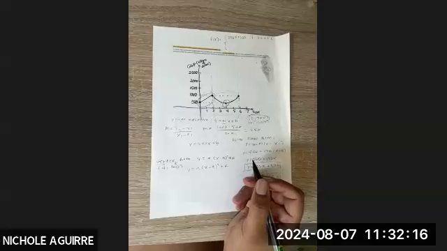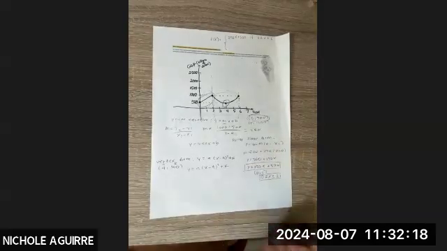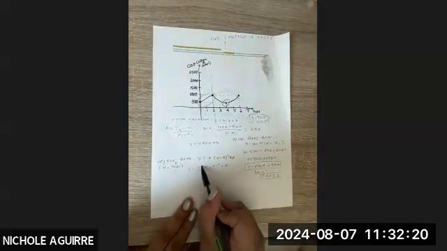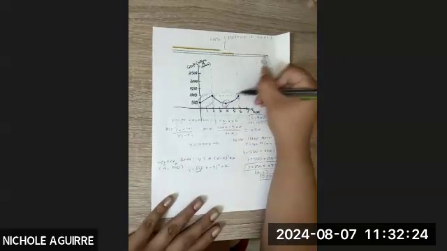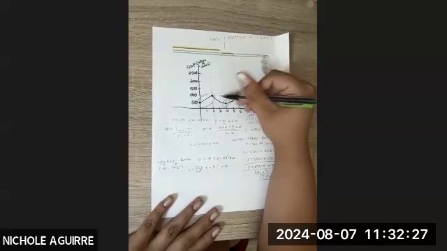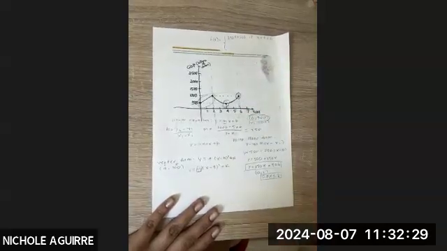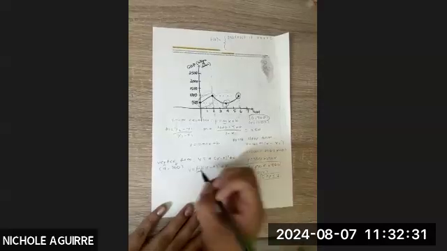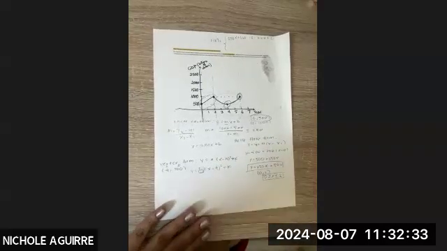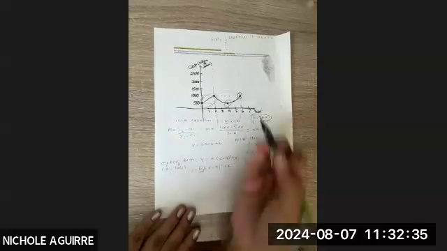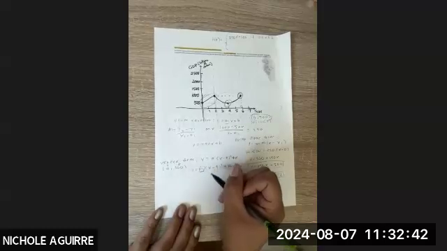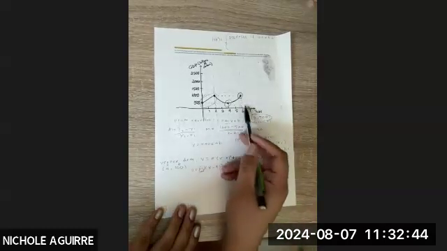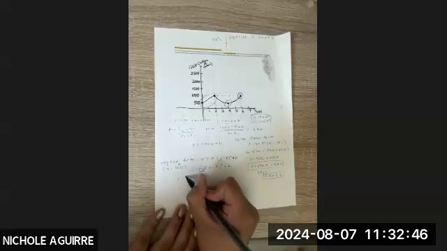And then to find the shrinking or stretching factor, which is a right here, we'd want to put in any other point that's on the nonlinear line to find what we are stretching or shrinking by. So I'm just going to use this point over here, which is (6, 1000).